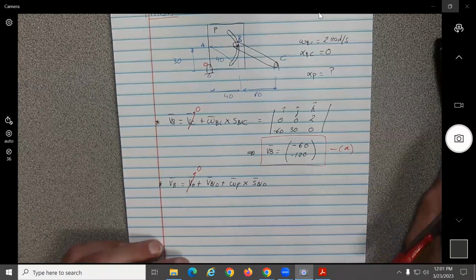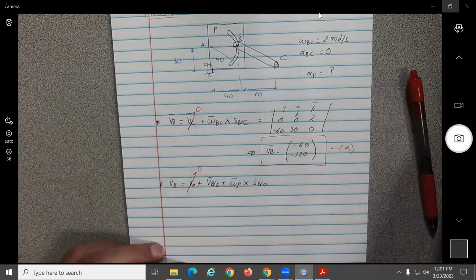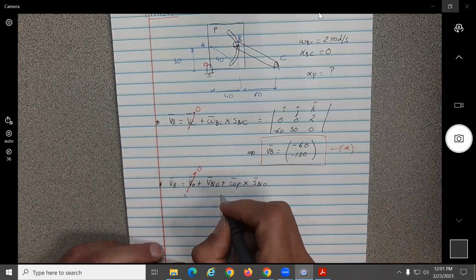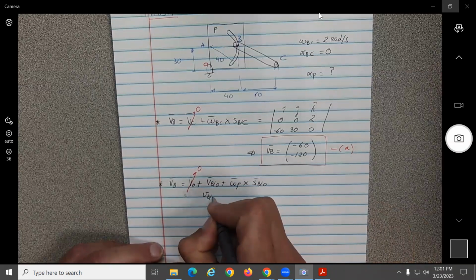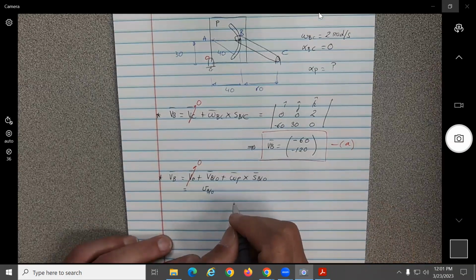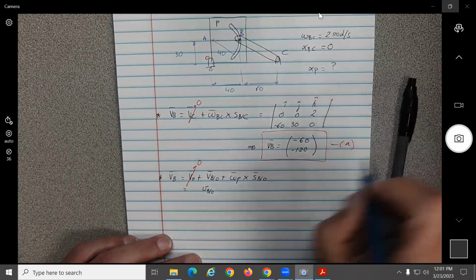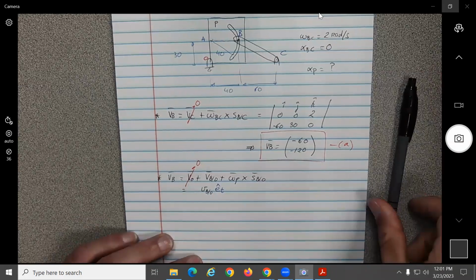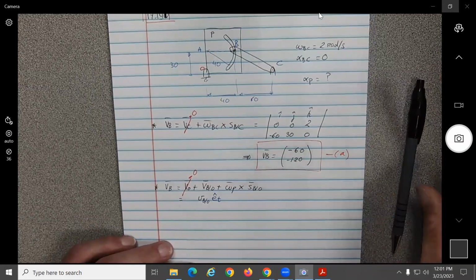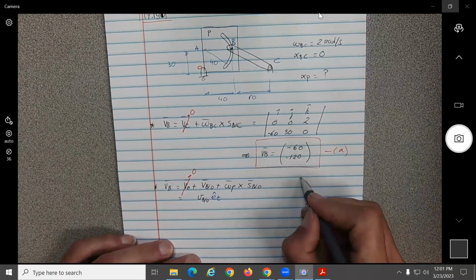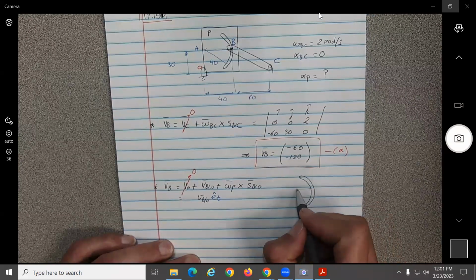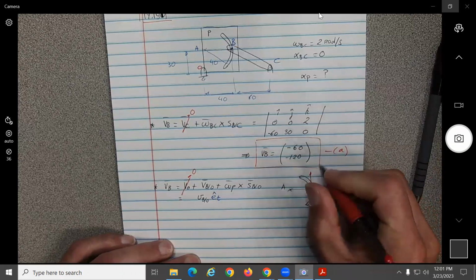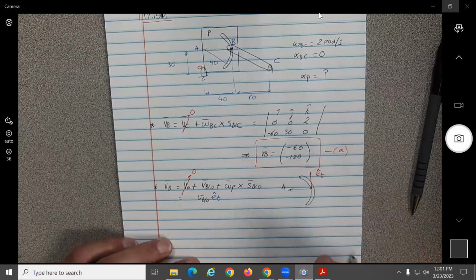Now, here comes the little problem. What do we know about this term over here? This should be equal to what? We don't know the magnitude, but we should know the direction. I'm going to call it T. And if I do the figure, that one should be tangential, either up or down, no?